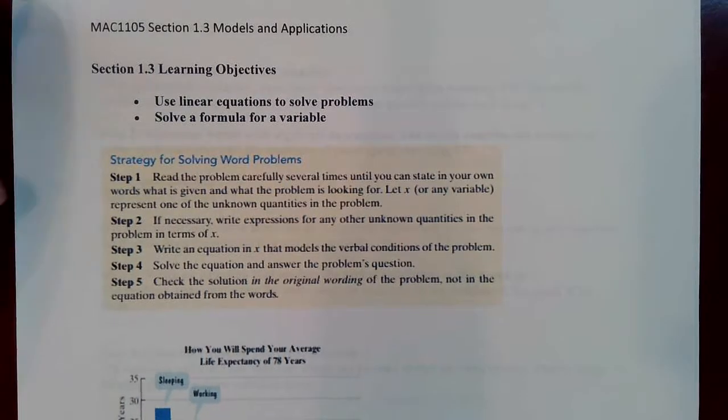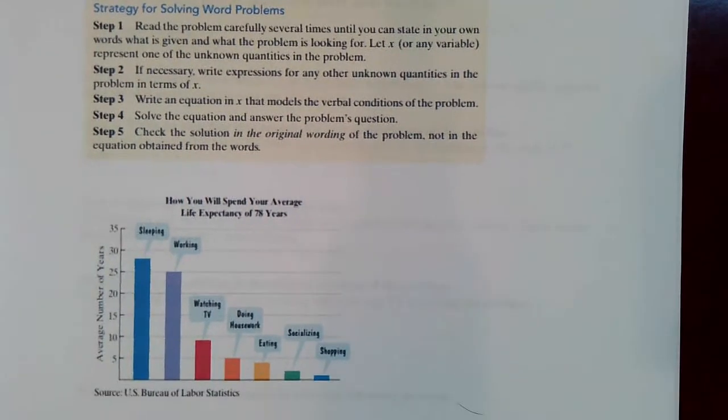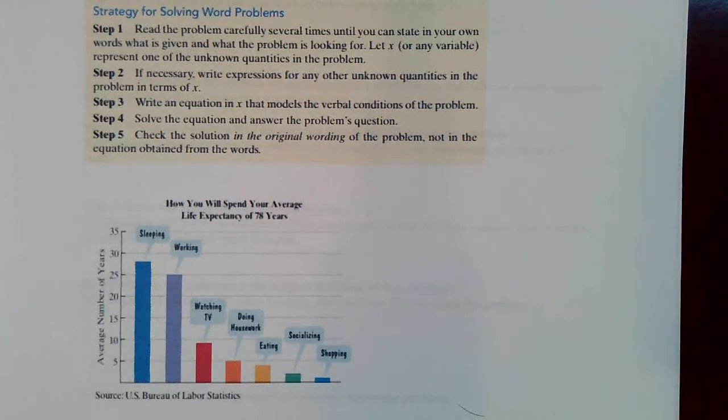Okay, so let's begin with application problems, starting off with a review of the 5 steps that you are to use when trying to solve a word problem. Number 1, read the problem carefully several times in order to clarify in your mind how to represent the variable expressions that stand for the words in the problem. And then you'll want to read it again to look for the sentence that tells you how to set up the equation.